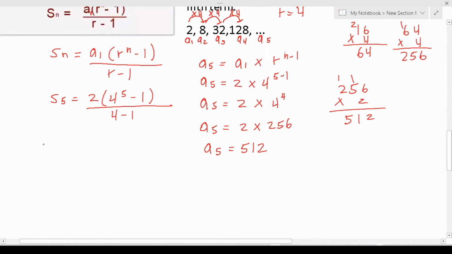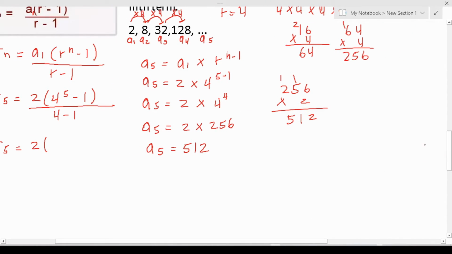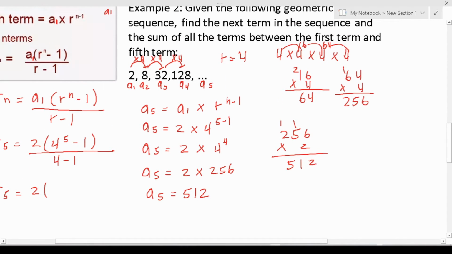All right, let's work this out. This is 2 times 4 to the 5th. This is another reason why geometric sequences aren't likely to show up on the ASVAB. 4 to the 5th is a lot of work to do. We already found 4 to the 4th right here. So 4 to the 4th, as we saw, was 256.